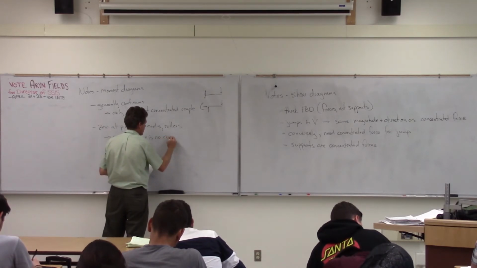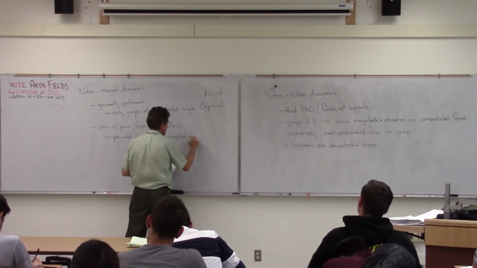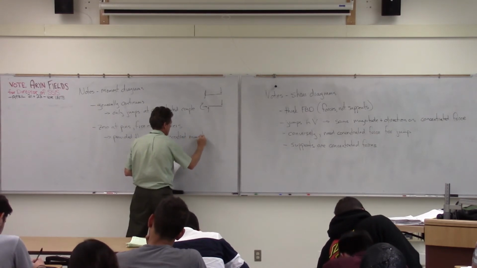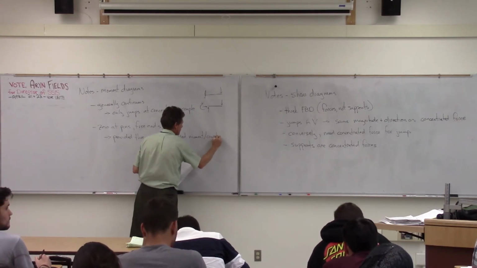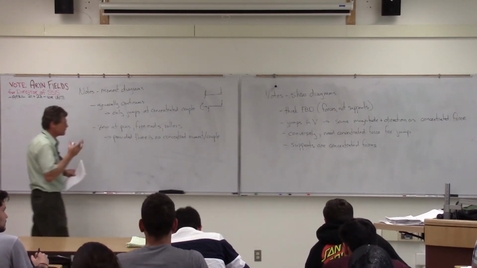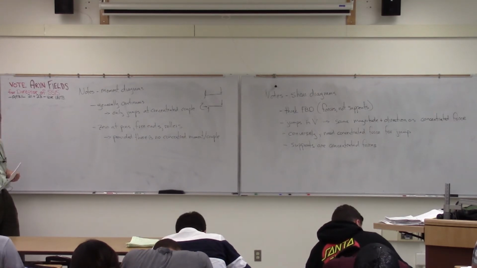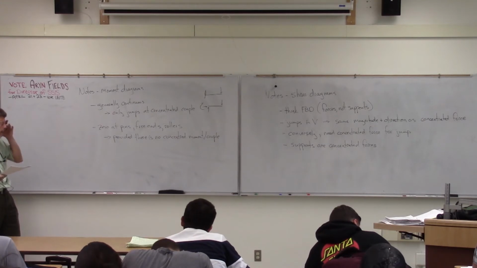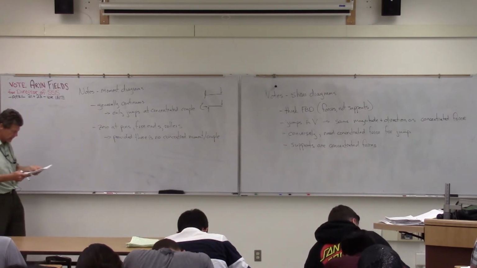Except, provided there's no concentrated moment or couple. So there might be a twist applied to the end there, a concentrated twist. Well, you've got to account for that, so we'll see that not being 0 at that particular end.